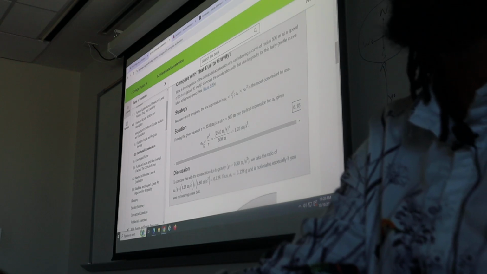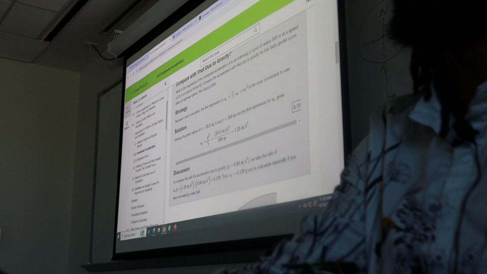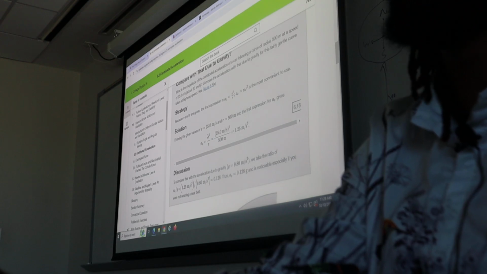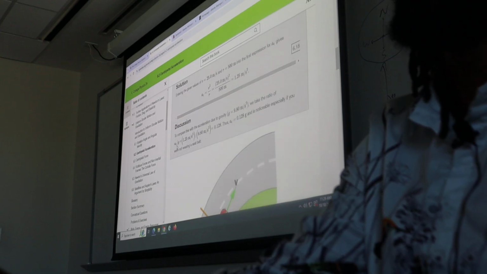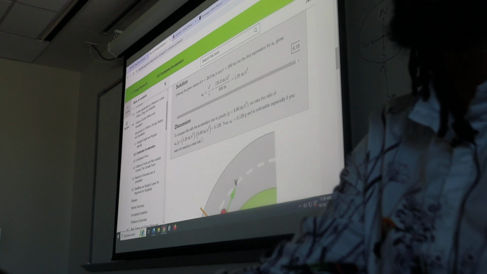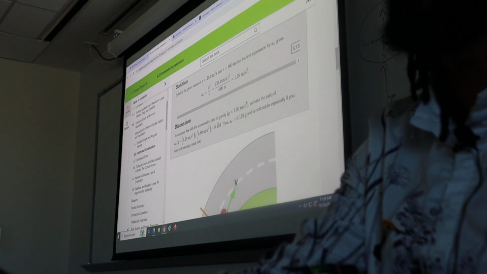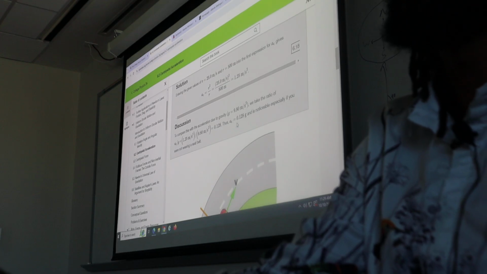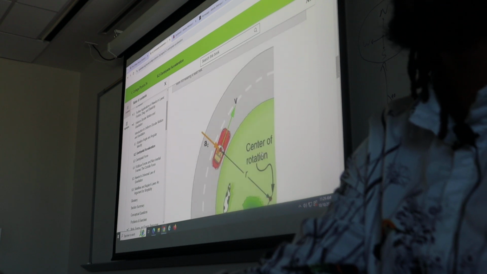With just the speed and the radius, you can find the centripetal acceleration. Then they ask to compare this to the acceleration due to gravity, so you take a ratio. At this speed, the centripetal acceleration is 0.128 of gravity.